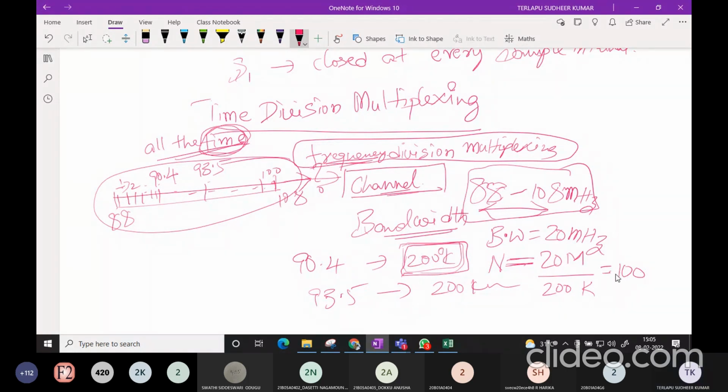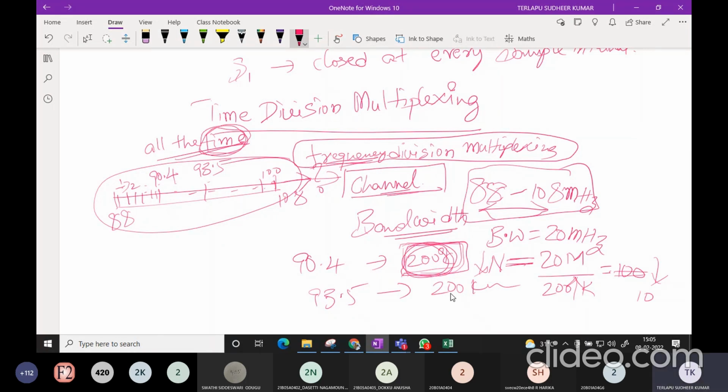Then these 100 channels will now drop down to 10 channels. That means bandwidth is limited, but we can transmit all the time. If channel bandwidth increases, number of channels decreases. Try to understand. If channel bandwidth increases, number of channels decreases. That is the disadvantage of frequency division multiplexing.